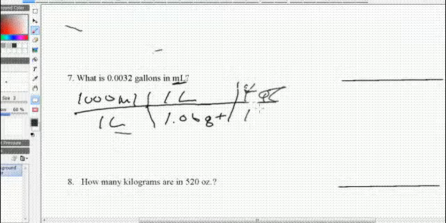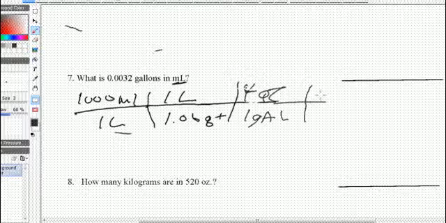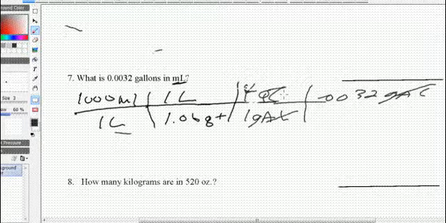You know that's 4 quarts in 1 gallon. How many gallons did they give me? 0.0032 gallons. Gallons cancel, quarts cancel, liters cancel. Do the math, then you have the answer.